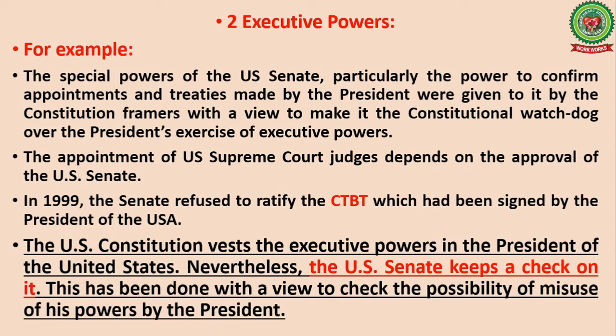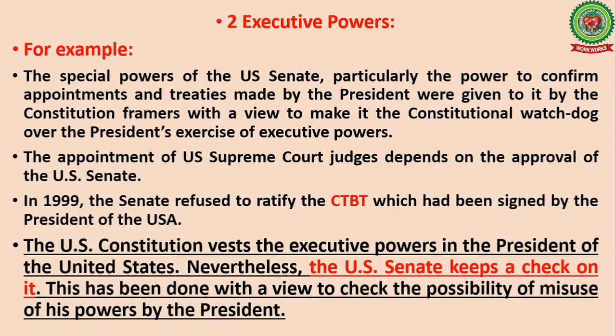The US Constitution vests the executive power in the President of the United States. Nevertheless, the US Senate keeps a check on it. This has been done with a view to check the possibility of misuse of his powers by the President. So this is done for only one reason, that the president may not misuse his powers.